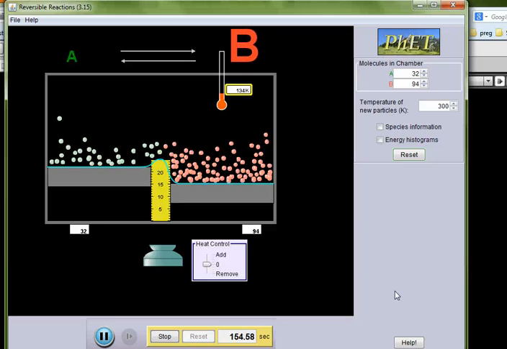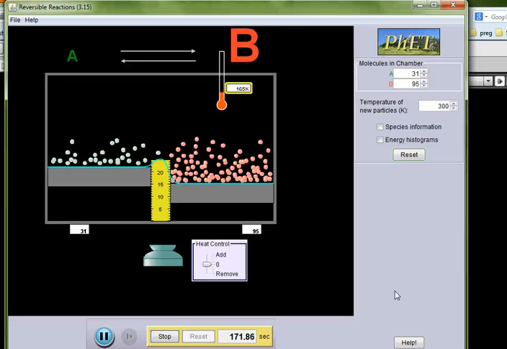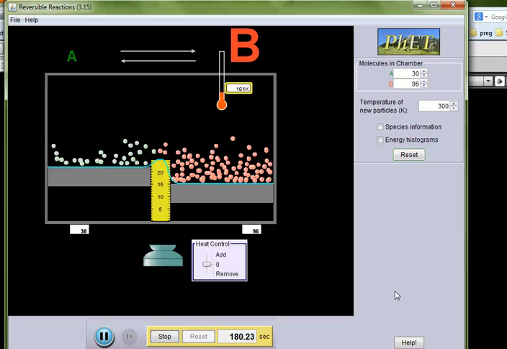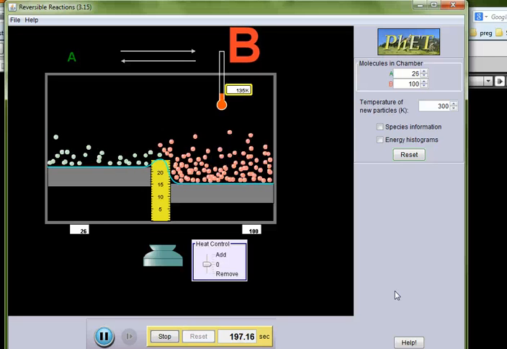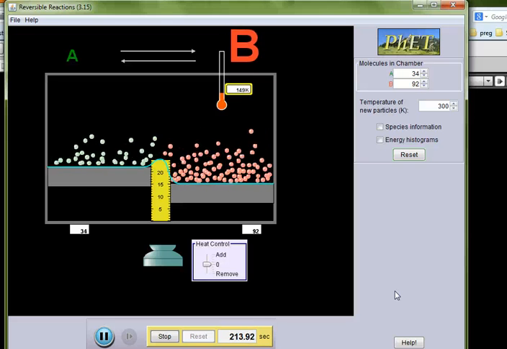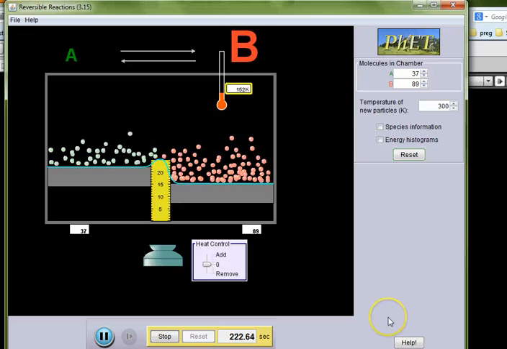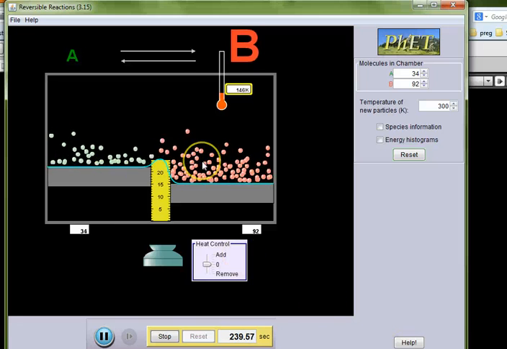So no matter what stress you add, whether pressure, temperature, or any stress, the system reacts in a way to reduce that stress. It will take the reaction in the backward or forward direction. And now it has again reached an equilibrium point.